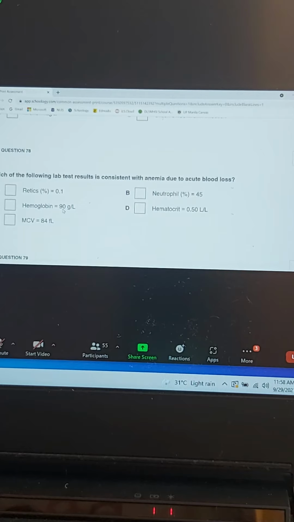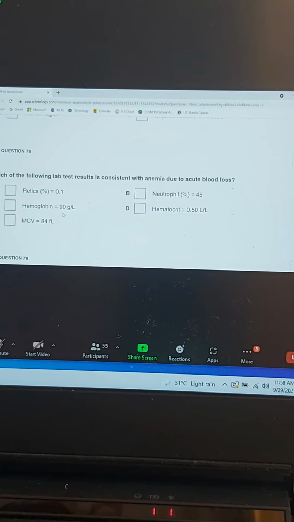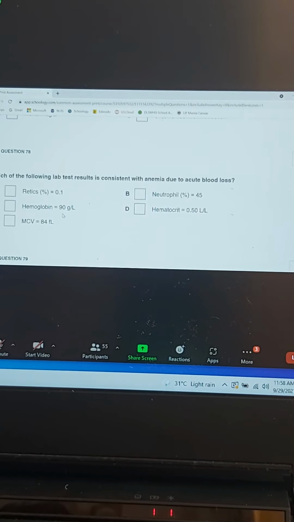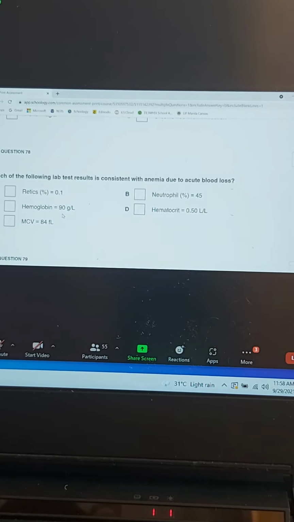Hemoglobin. Mababa siya. So is it consistent with anemia due to acute blood loss? Yes or no? Consistent siya? Possible po, sir. Possible. So this is inconsistent as well. Why?